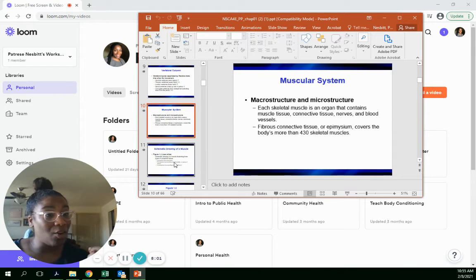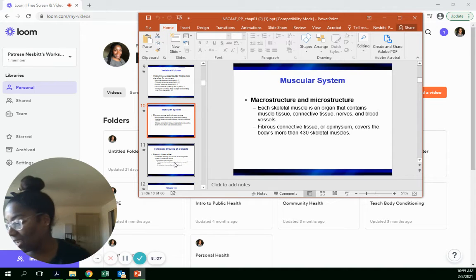I'll read this one more time from my notes just to make sure you're on the money with these tests. Superior, inferior, anterior, posterior, medial, lateral, bilateral, ipsilateral, contralateral, intermediate, proximal, distal, superficial, deep.